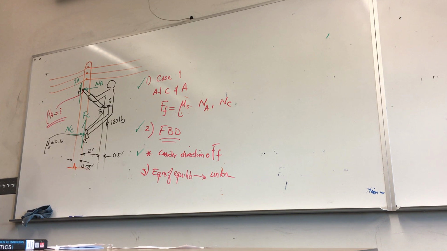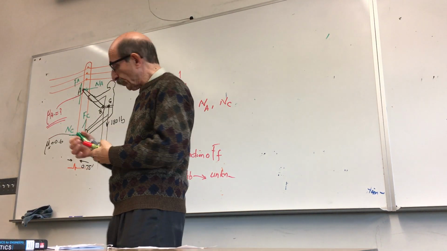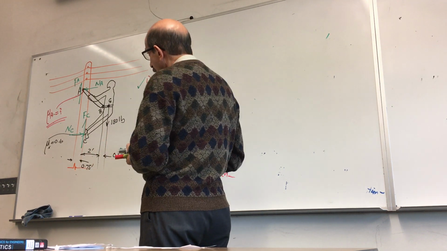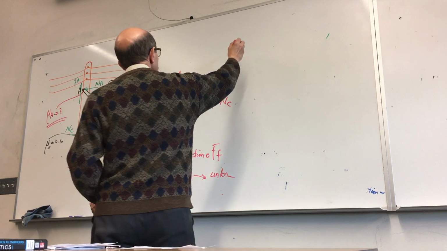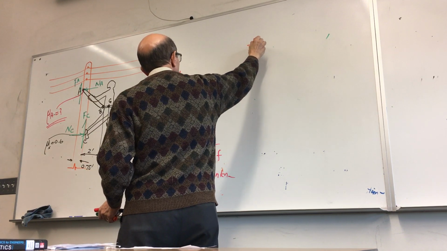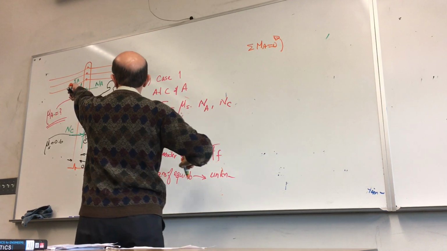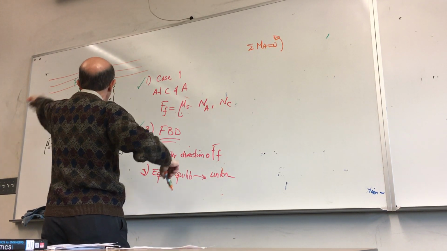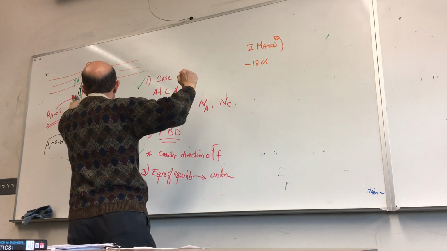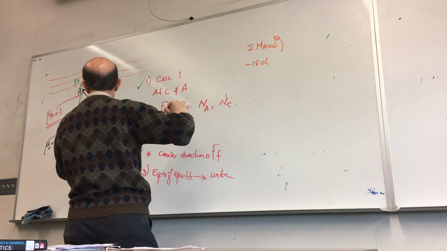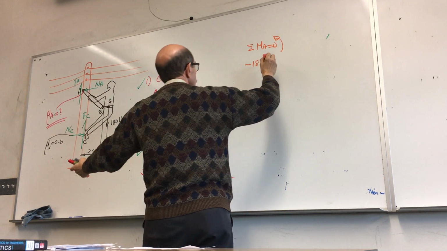So now let's use just the equations of equilibrium. What I would do, I would first take summation of moments about point A is equal to 0. So you have negative 180 times the distance from here to there, which is 2.5, right, plus 0.75.